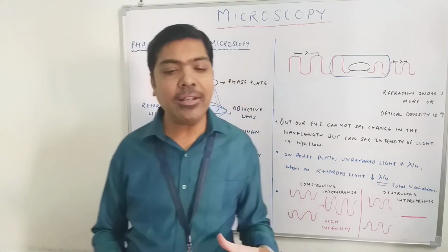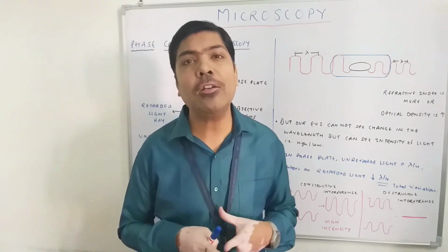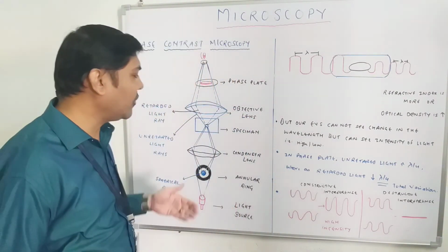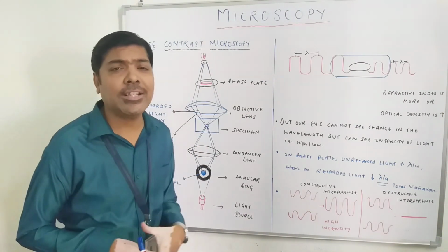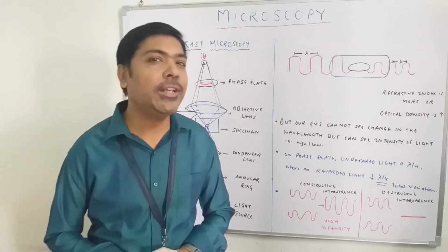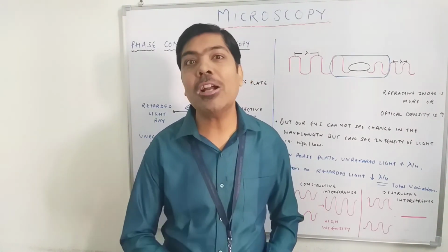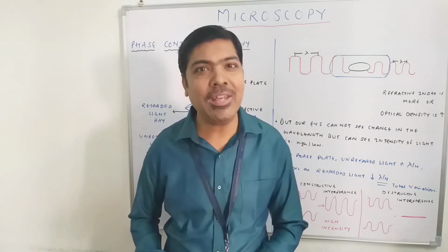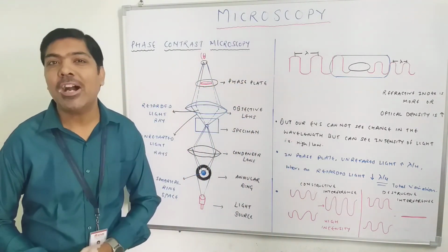As you can see, in microscopy many lenses are very common. You must have heard about the condenser lens, objective lens, and eyepiece lens. These lenses are common in all the different kinds of microscopy. But especially in phase contrast microscopy, as you can see in this diagram, two special features are available.